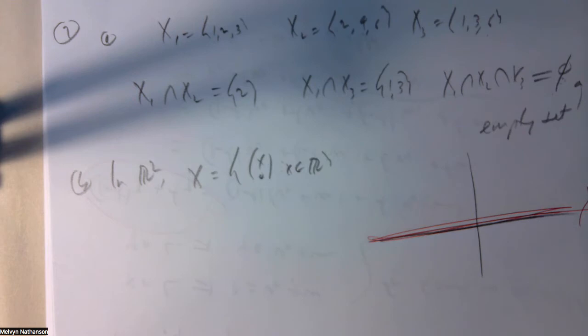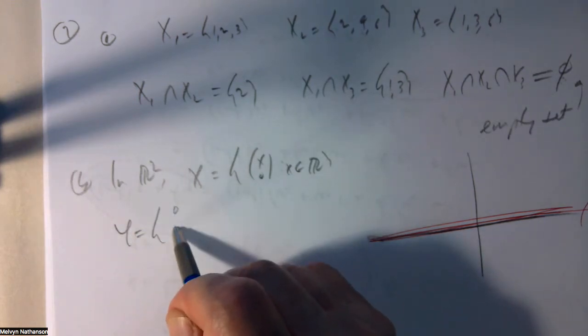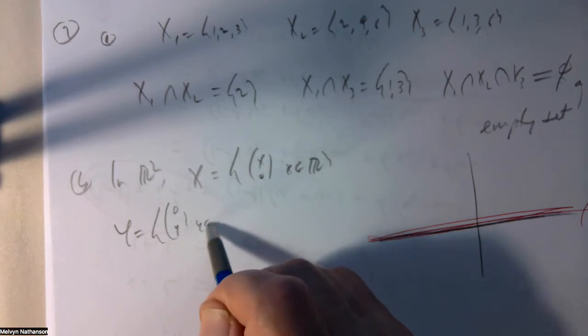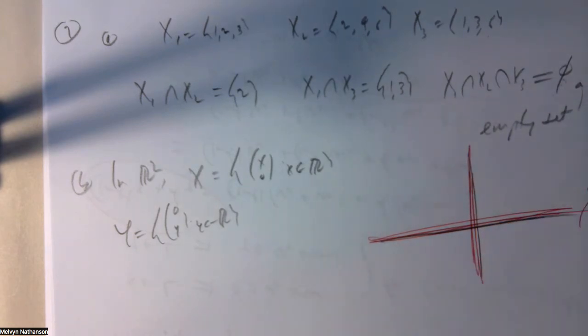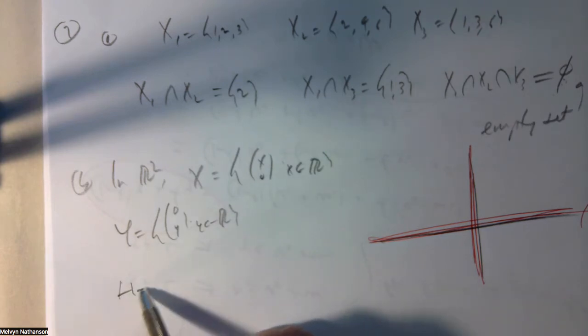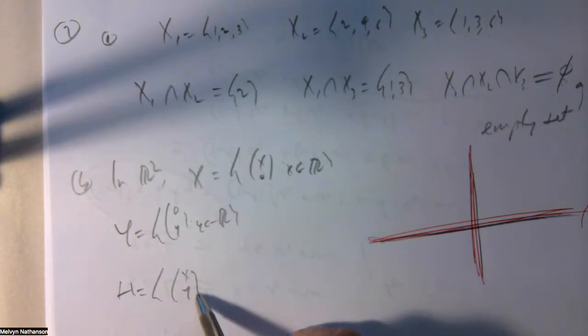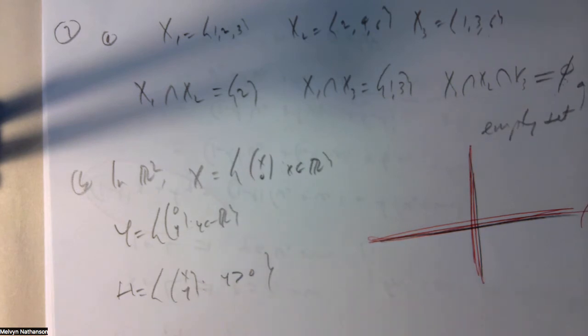That's the x-axis. We have Y, which is all vectors of the form 0, y. That's the y-axis. And we have H, which is all vectors x, y, where x can be anything, but y has to be positive.